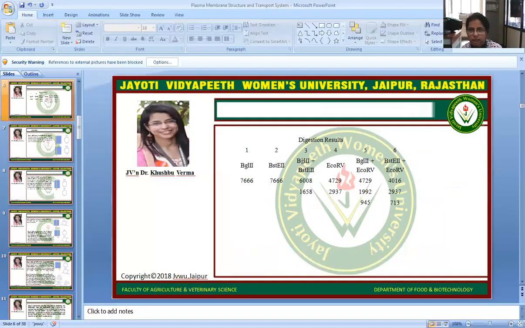In the third lane, where you combine plasmid tutorial with BglII and BstEII, you will get two bands, 6,008 base pairs and 1,658 base pairs in length. In the fourth lane, where we treated the plasmid tutorial with EcoRV, we will get two bands of 4,729 and 2,937 base pairs in length.